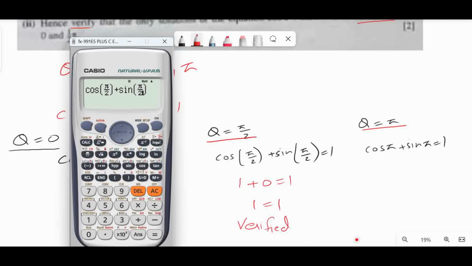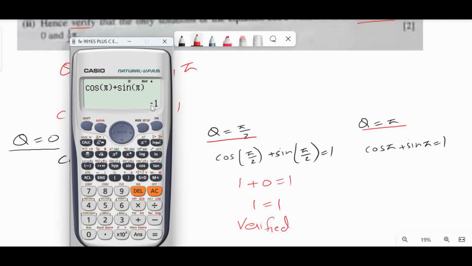So here we can write cos pi, and this will be equal to minus 1.